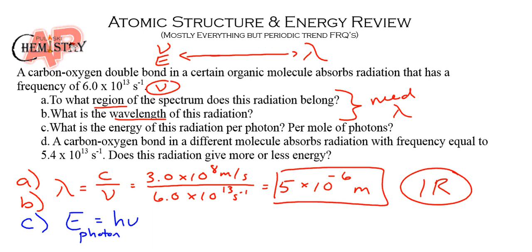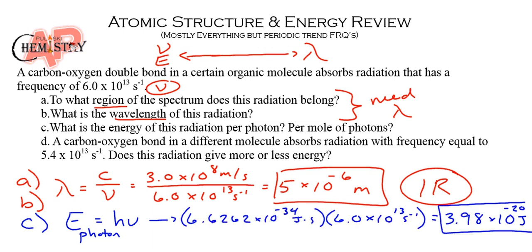So that should ease that question's difficulty by quite a bit. This is now becoming a plug and chug answer. Go for it. If you plug it in, you get 3.98 times 10 to the negative 20 joules. And that's per photon.